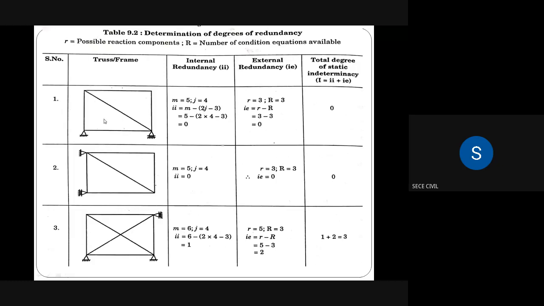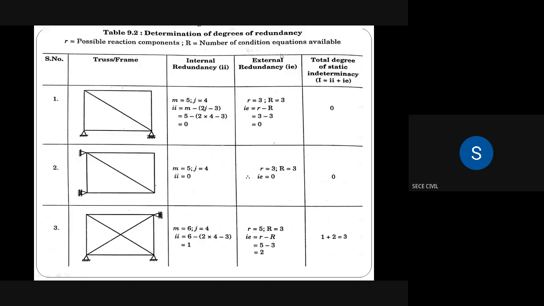In the figure, there are five members: 1, 2, 3, 4, and 5, so m is equal to 5, and 4 joints, so j is equal to 4. After substituting the values we get II as 0. So the given figure has 0 degree of internal redundancy.